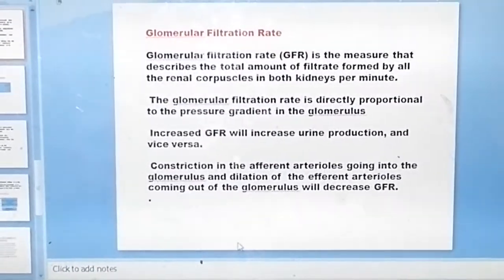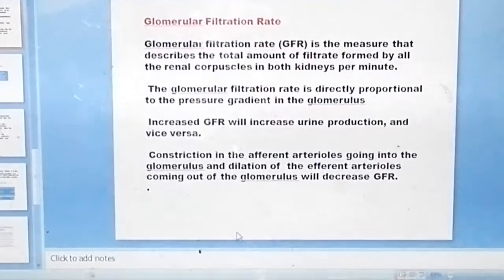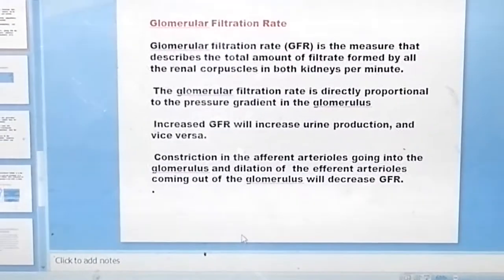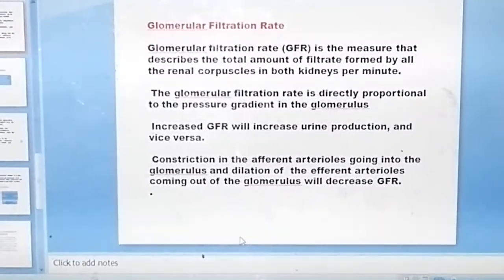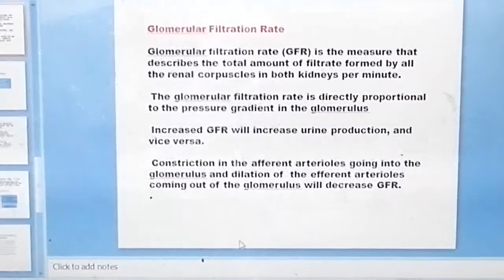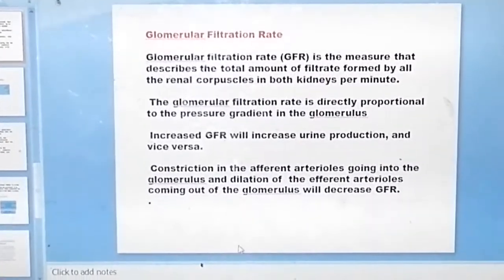Now glomerular filtration rate depends upon many factors. The glomerular filtration rate is a measure that describes the total amount of filtrate formed by all the renal corpuscles in both kidneys per minute.